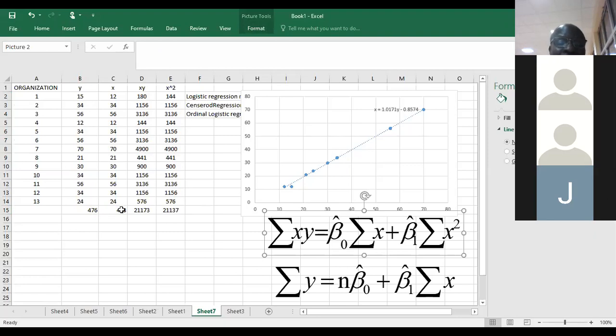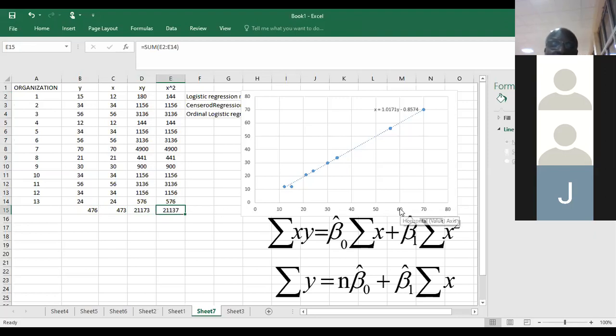Sigma x is equal to 473. Sigma xy is 21173. Then sigma x squared is 21137. The other one is 21173, this one is 21137. You got that?